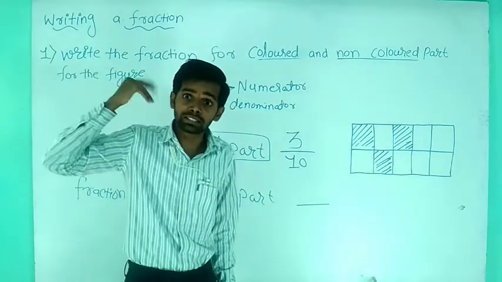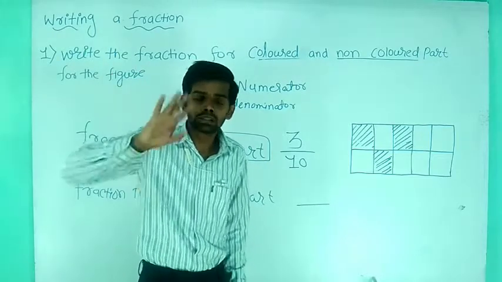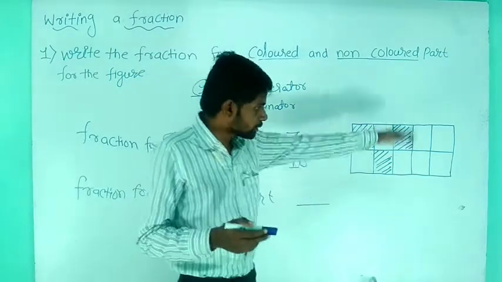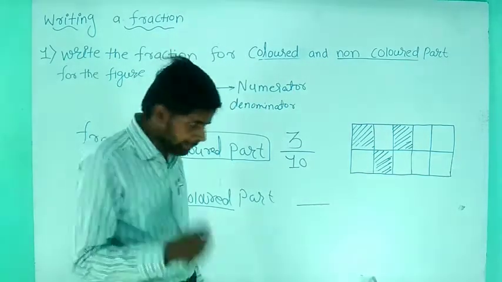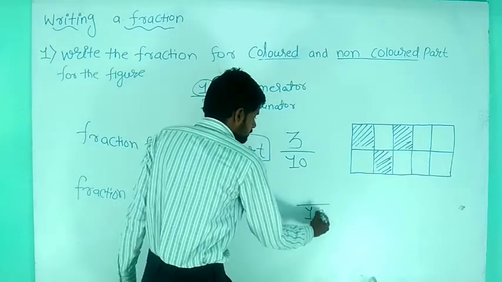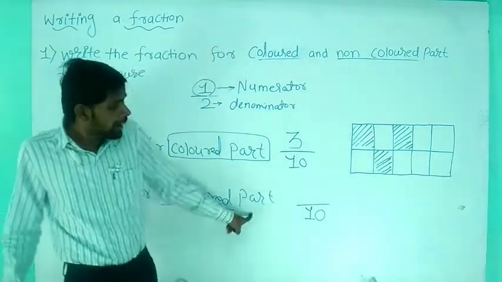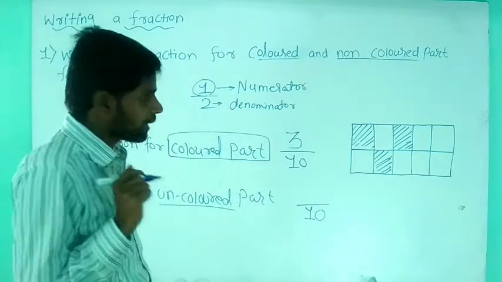Write this on the side. The total number of parts always stays at the bottom. So we will write 10 here because here also the total number of parts is 10.